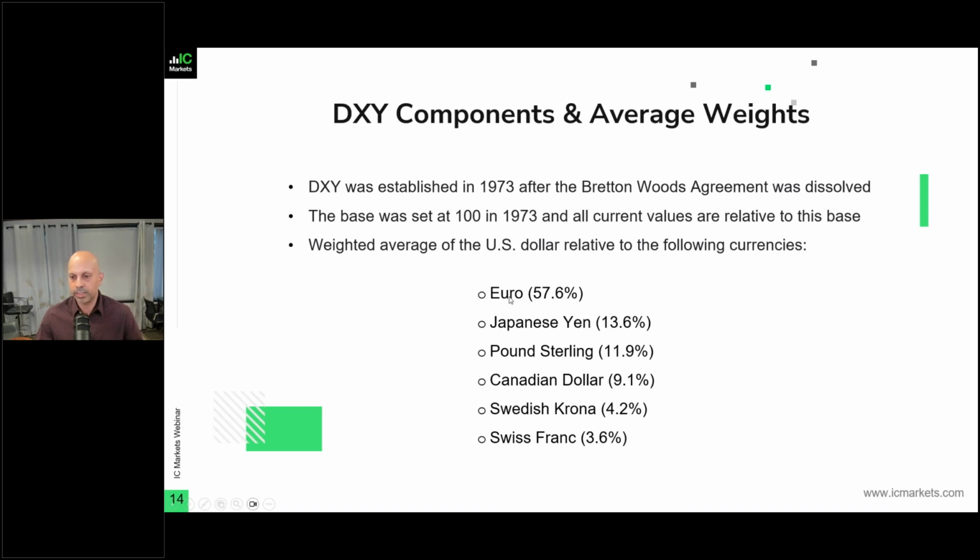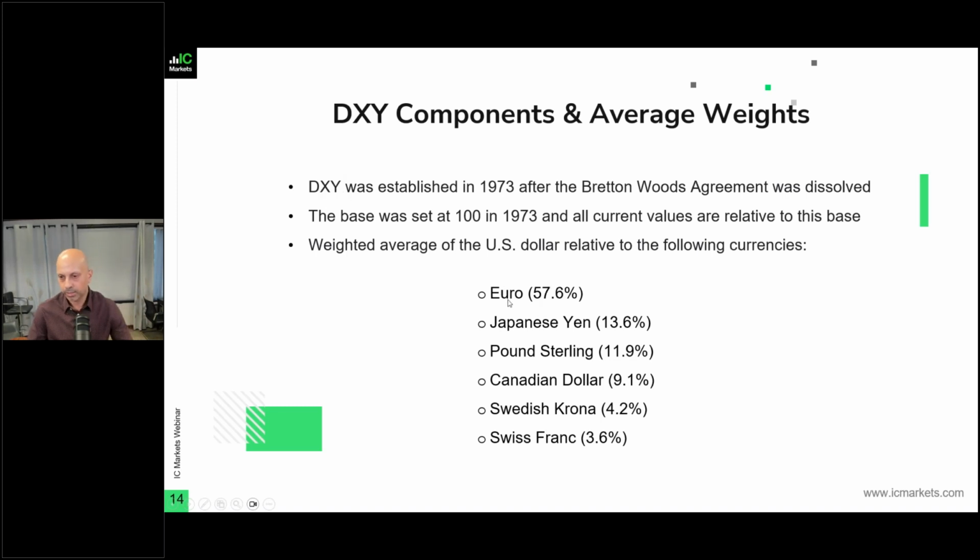So if you see very strong demand for euro versus the dollar, obviously euro dollar will rise up, and this price action is reflected in the DXY. Conversely, when euro is being sold aggressively and dollar is being bought aggressively, the DXY will rise. It is the underlying currencies that drive the direction of DXY.